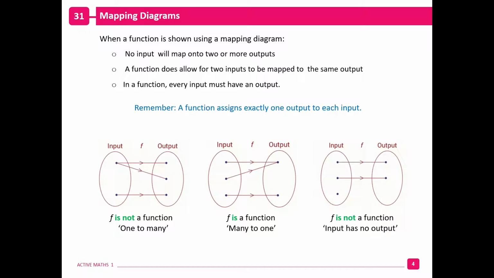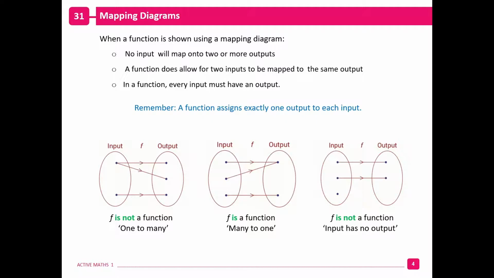In the last class, you can recall that we learnt that we're often asked to identify whether something is a function or not, and that we learnt there are a few important properties, requirements, in order for a function to actually exist. So when a function is shown using a mapping diagram, it's sometimes easier for us to check then whether it actually is a function.